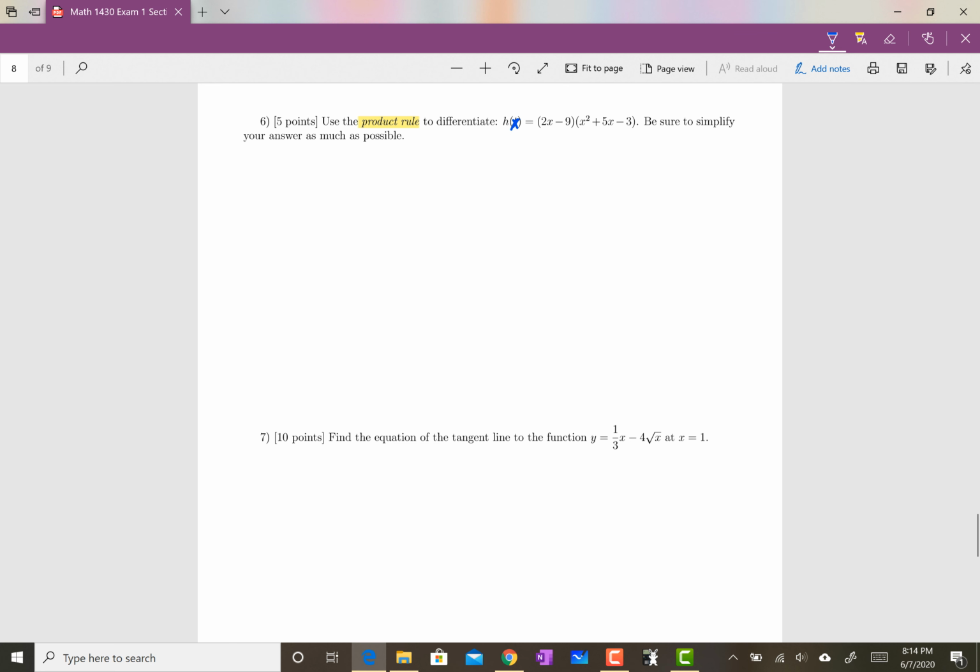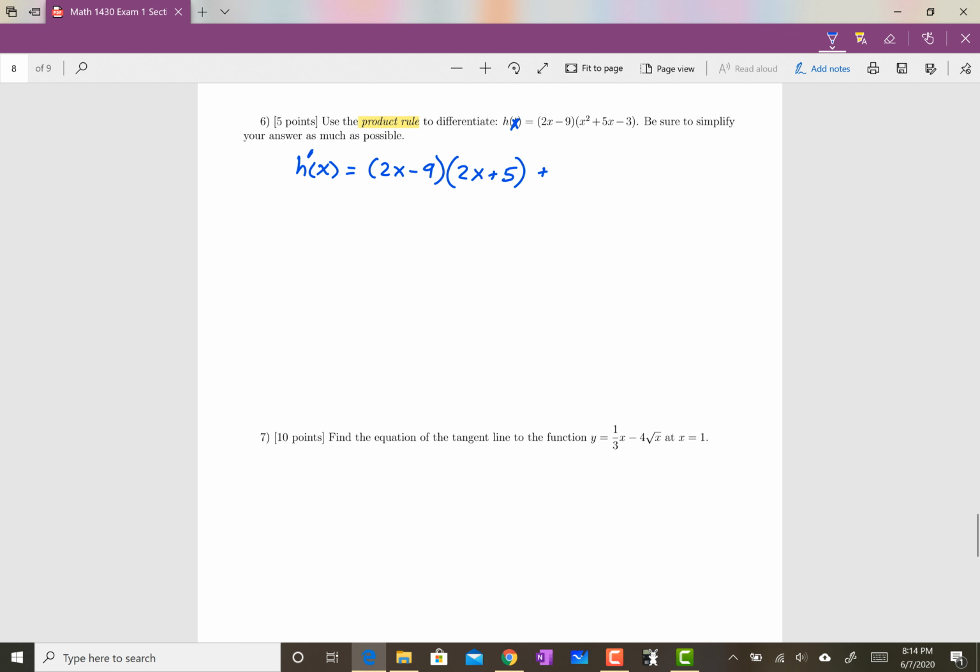The product rule says when you take the derivative, you're going to write down your first function. Just leave it alone. So I have 2x minus 9. Multiply by the derivative of the second factor. So the derivative of x squared plus 5x minus 3 is 2x plus 5.